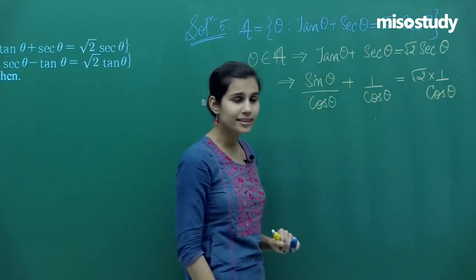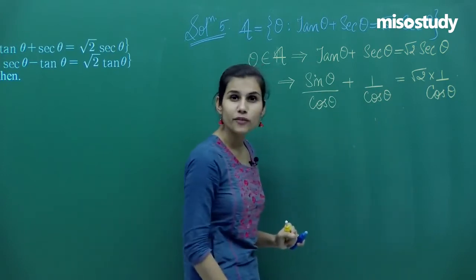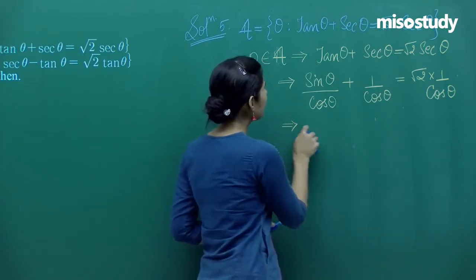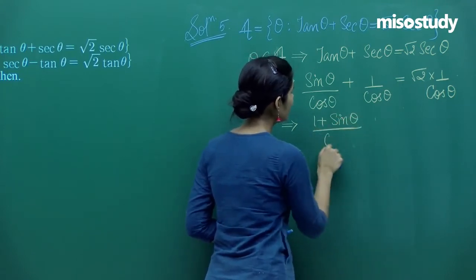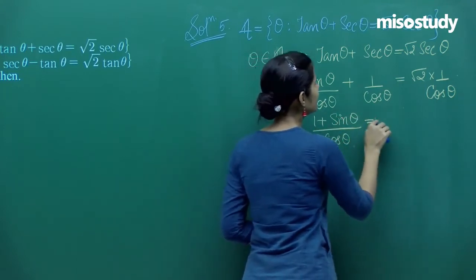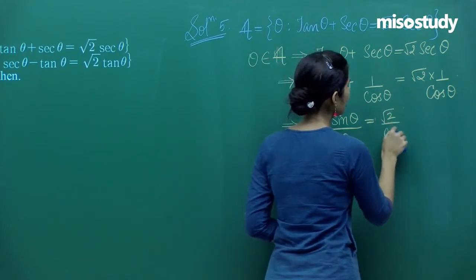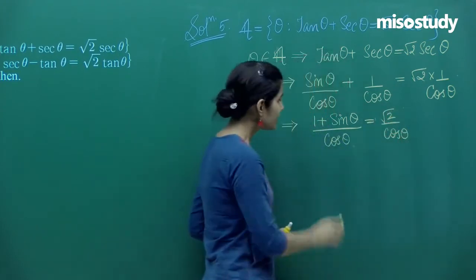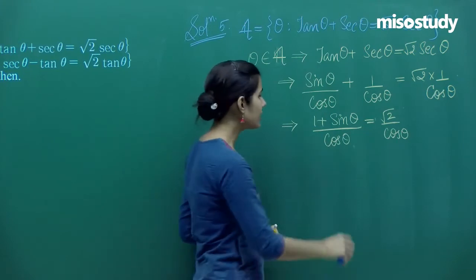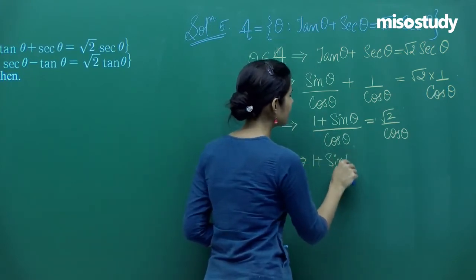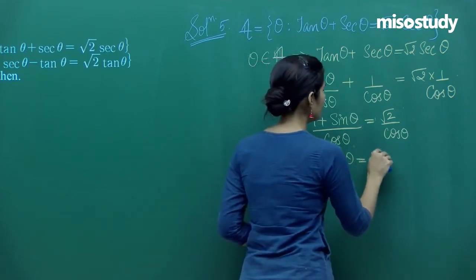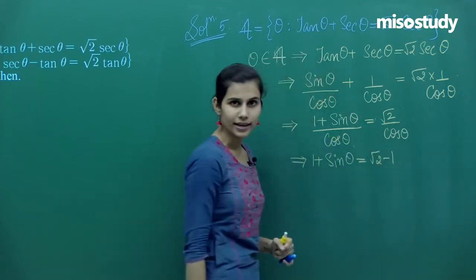Once you have obtained this, find out the LCM on the left hand side. What you obtain is 1 plus sine theta upon cos theta is root 2 upon cos theta. The cos theta gets cancelled from both sides and you are left with 1 plus sine theta equal to root 2, so sine theta is root 2 minus 1.